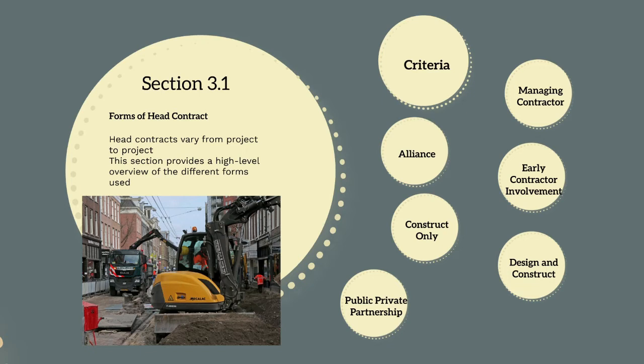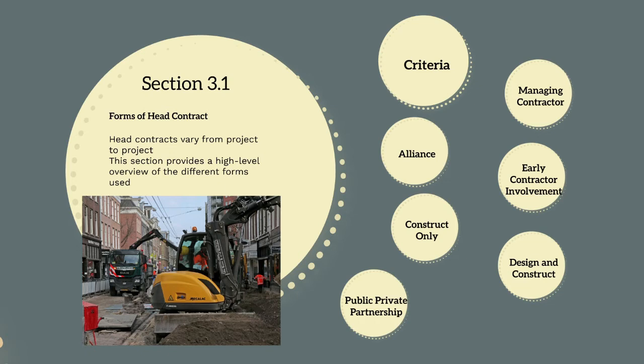We're going to cover the criteria that head contracts vary around, followed by going through the most common forms of head contract, including managing contractor, alliance, early contractor involvement, construct-only, design and construct, and public-private partnership. In each section, we'll go through the contract model and the pros and cons of that specific model.